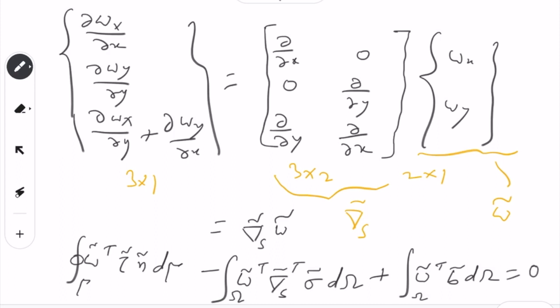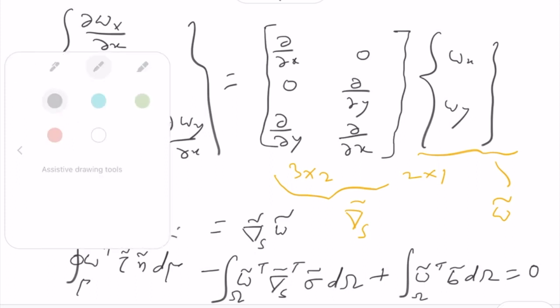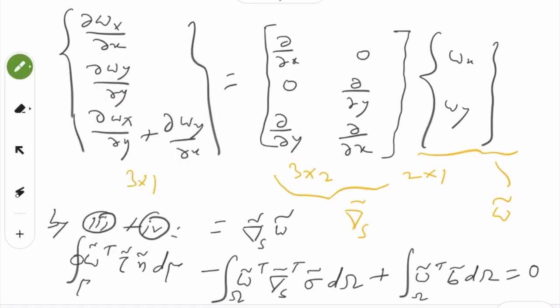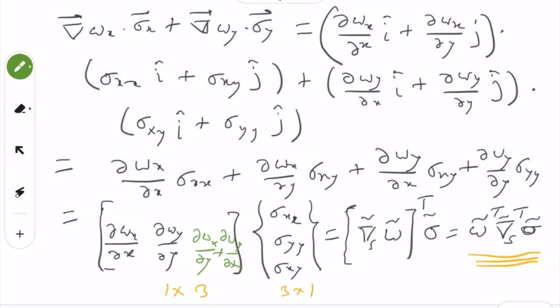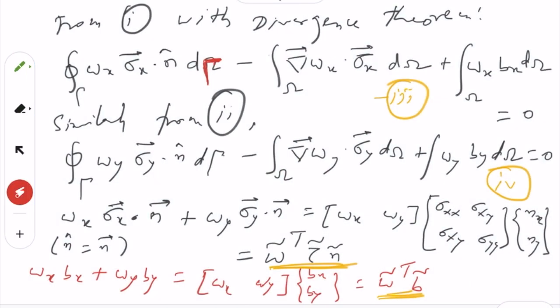And how did we do this? By 3 plus 4. What does that mean? We have seen these equations, we call this 3 and this 4, and we combine them together.